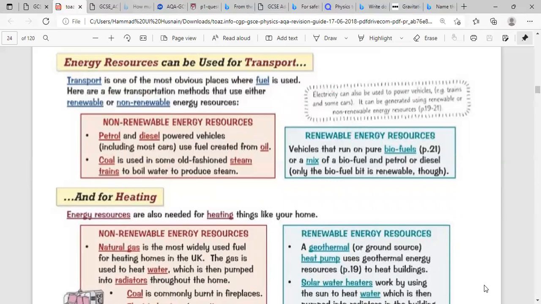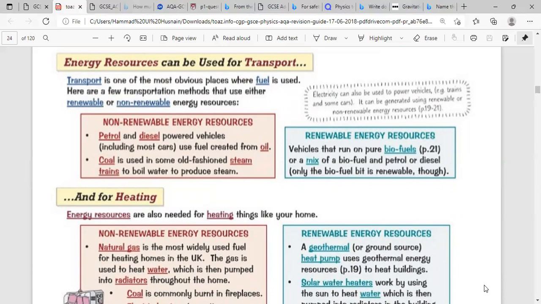In transportation, we have seen that we use both renewable and non-renewable energy resources. Those vehicles which use petrol and diesel in order to run use a non-renewable energy resource. Similarly, those old-fashioned trains which used coal also use non-renewable energy resources.